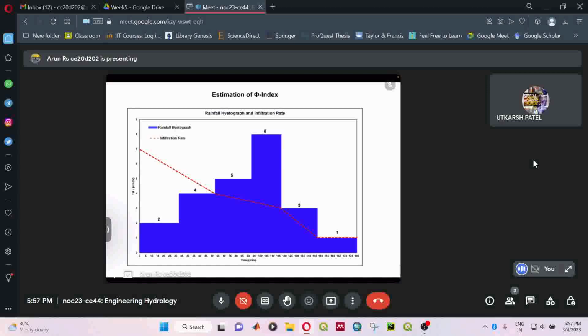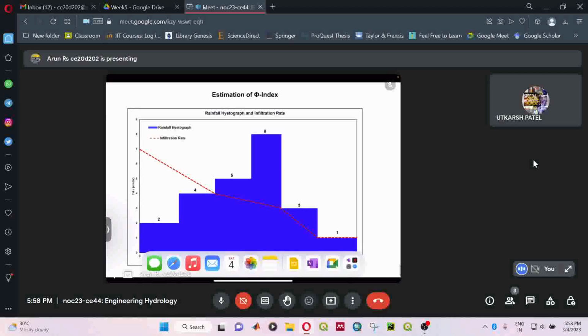So using this information, we have to find out what is the runoff first. What we will be doing is, we will calculate the area under this infiltration rate curve, and we'll find out the total precipitation depth. If we subtract that, we will get the runoff depth.